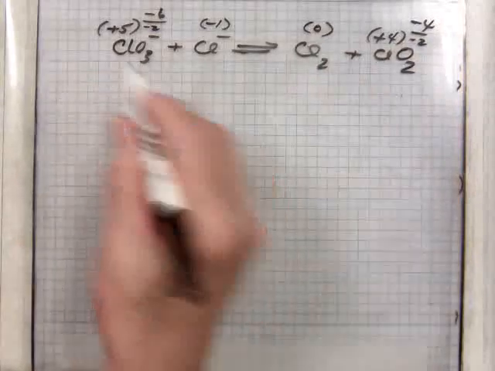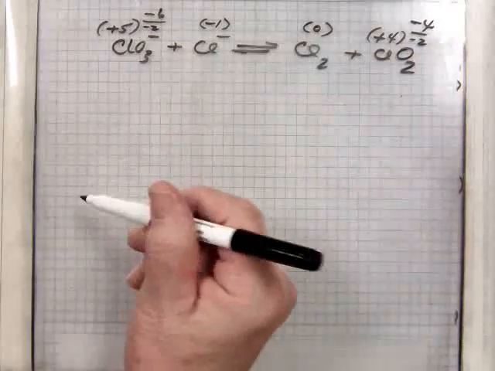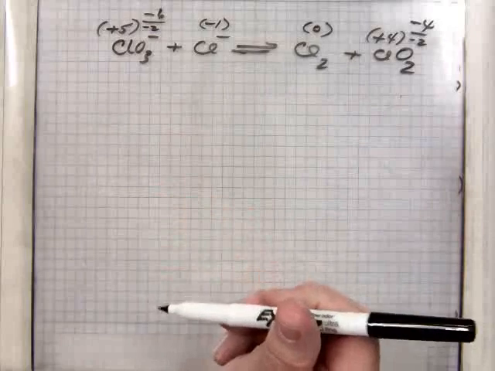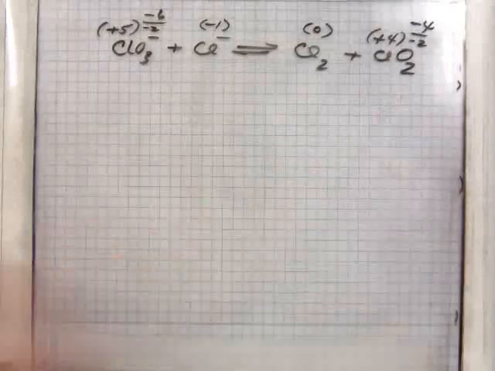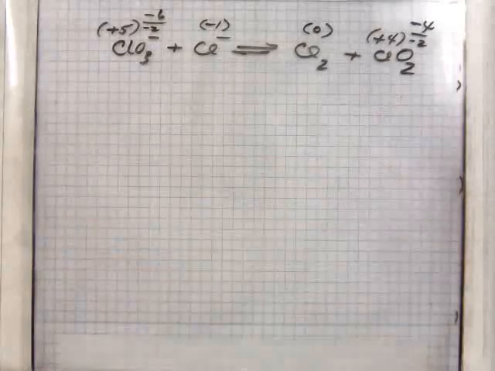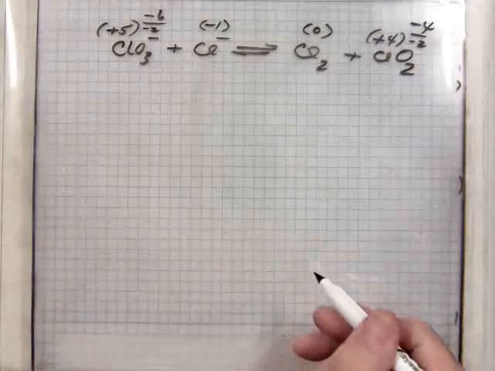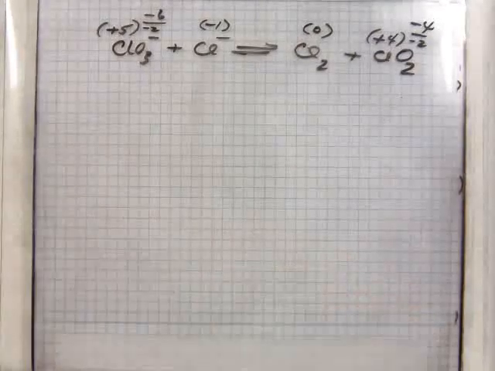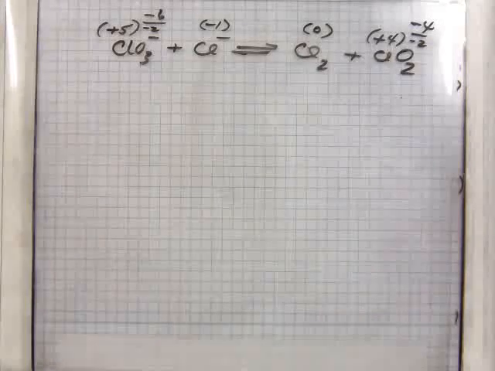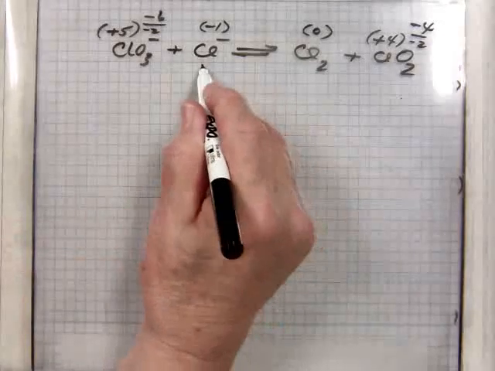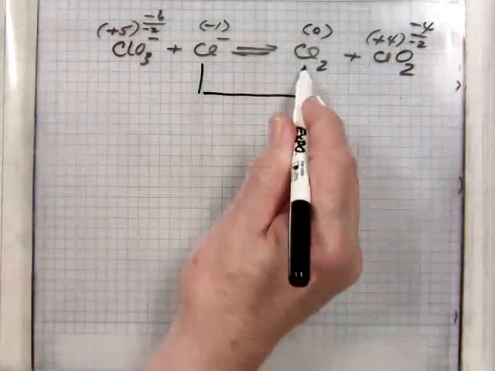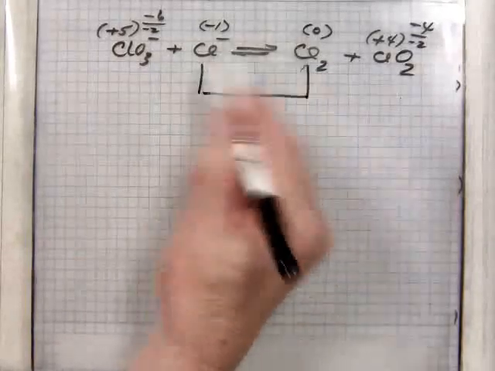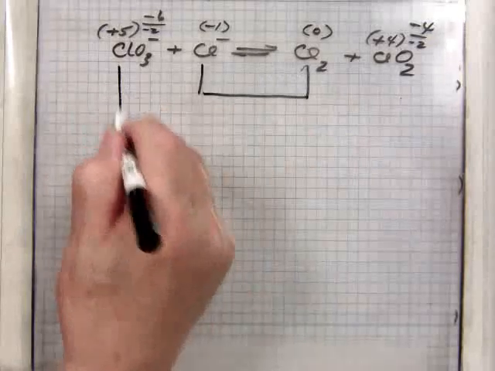Okay, so we looked at what's undergone changes in oxidation states. So here we've got to find an oxidation and a reduction in the process. Well, you've got chlorides and chlorines all over the place here.